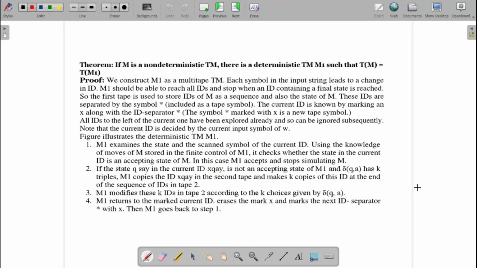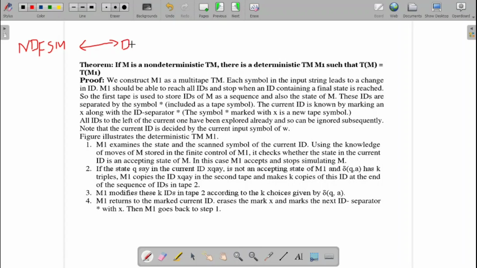Next, the first step. If M is a non-deterministic Turing machine, then there is an equivalent deterministic Turing machine also, and both are equal. Fine. If you remember our first module, there we did the equivalence of the non-deterministic finite state machine with the deterministic finite state machine, and we proved that these two are equivalent.